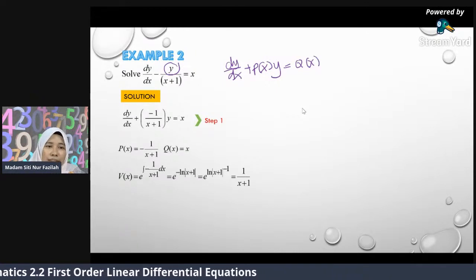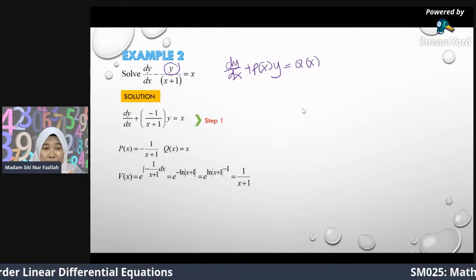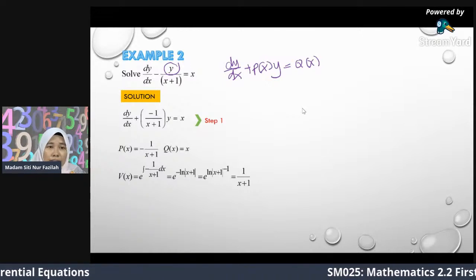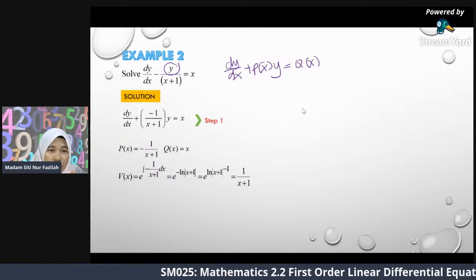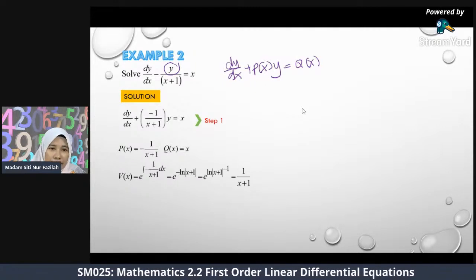We need to find Vx, the integrating factor. We need to integrate the exponent, negative 1 over x plus 1 dx.